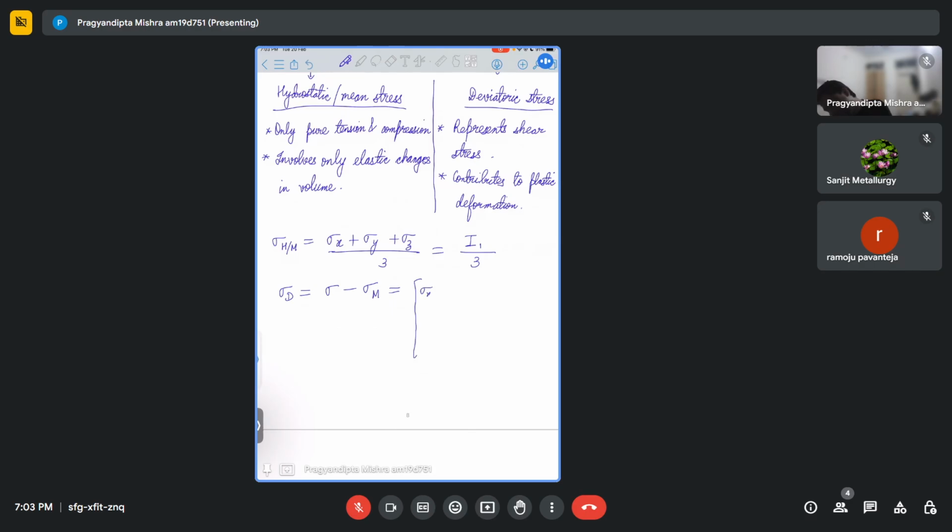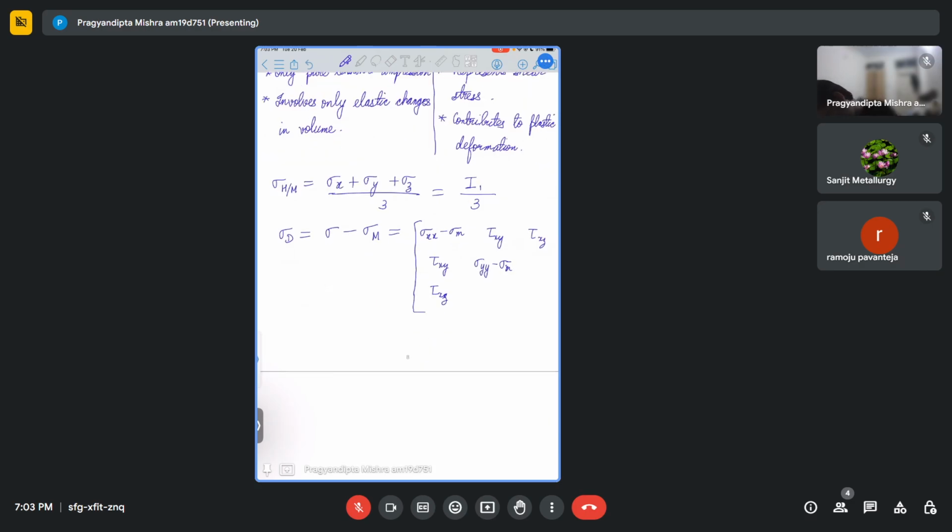sigma xx minus sigma m, tau xy, tau xz, then tau xy, tau xz, sigma yy minus sigma m, tau yz, sigma zz minus sigma m.